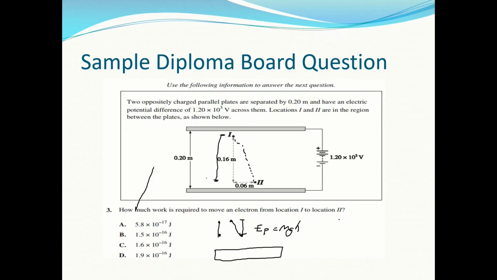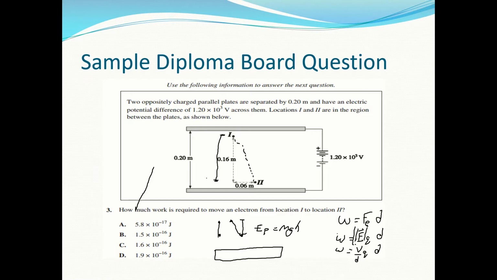Okay. So the easiest way to do this question, there's a few different ways, is work equals force times distance, right? And it's force electric. So if we want to find work, force electric equals electric field times Q times distance, and then electric field equals voltage over distance times Q times D. So you would think that there's a D on top, D on the bottom, that's going to cancel out, but it's not, right?